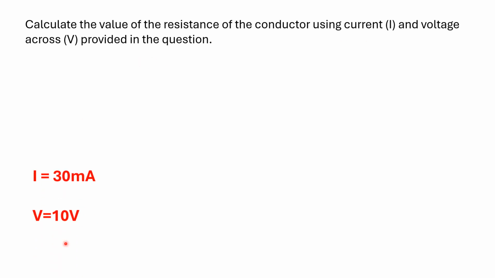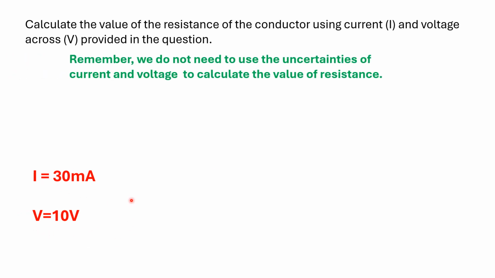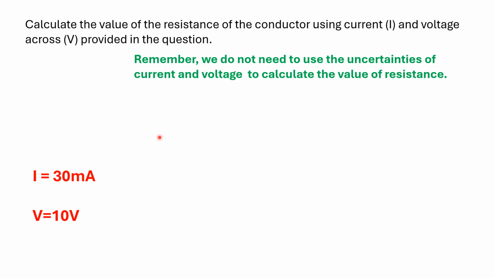So those are the values that were provided. Current is 30 milliamps and voltage is 10 volts. Now remember, we do not use uncertainties of the current and voltage to calculate the value of the resistance, just the main values.